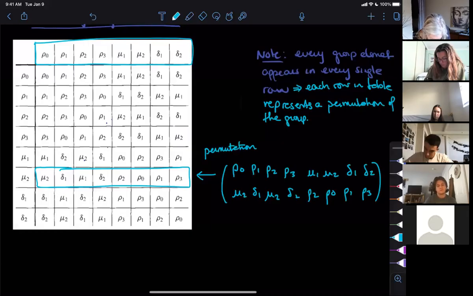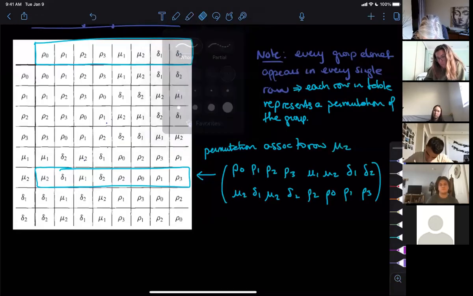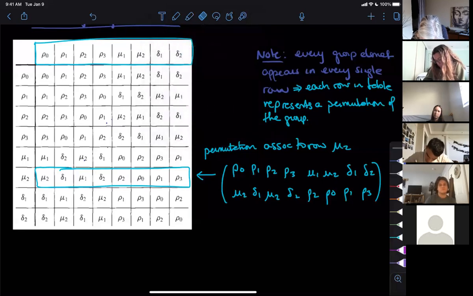And so this was an example of a permutation associated to the row mu2. Can you see that? Okay. How did we get this permutation? We read it off, in one sense, just off the table without having to think.